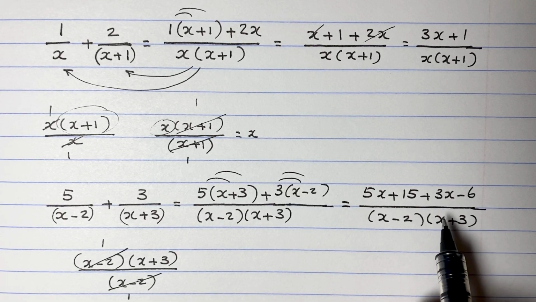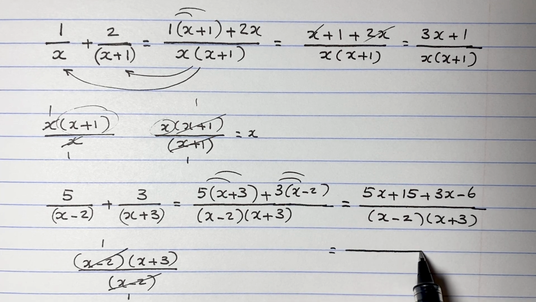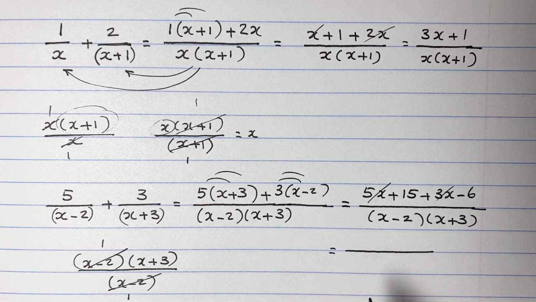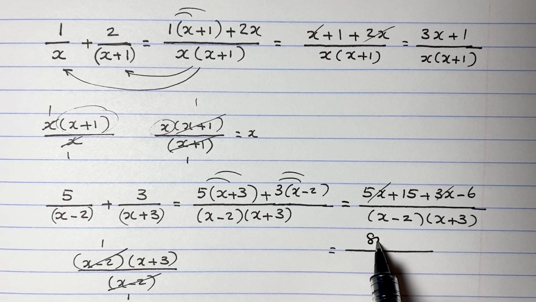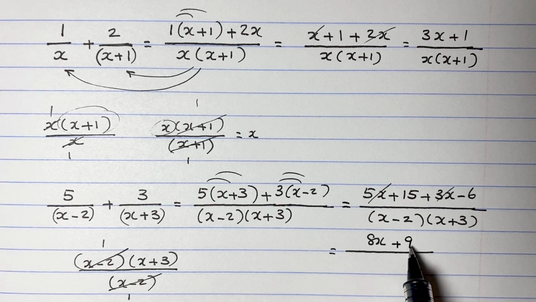We don't open up the denominator, just the numerator. 5x plus 3x is 8x, and plus 15 take away 6 is plus 9.